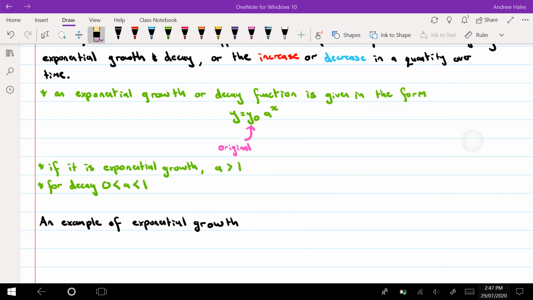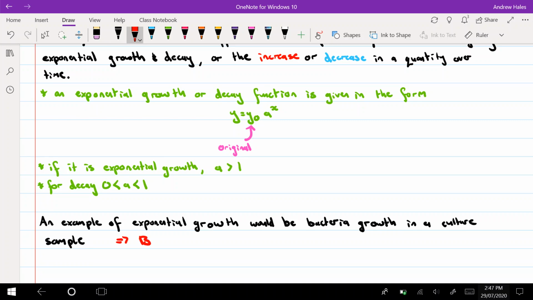It can be modeled by the formula I will write in a bit. Bacteria growth in a culture sample, so we'll say something like B for bacteria equals 100 times 2 to the x.